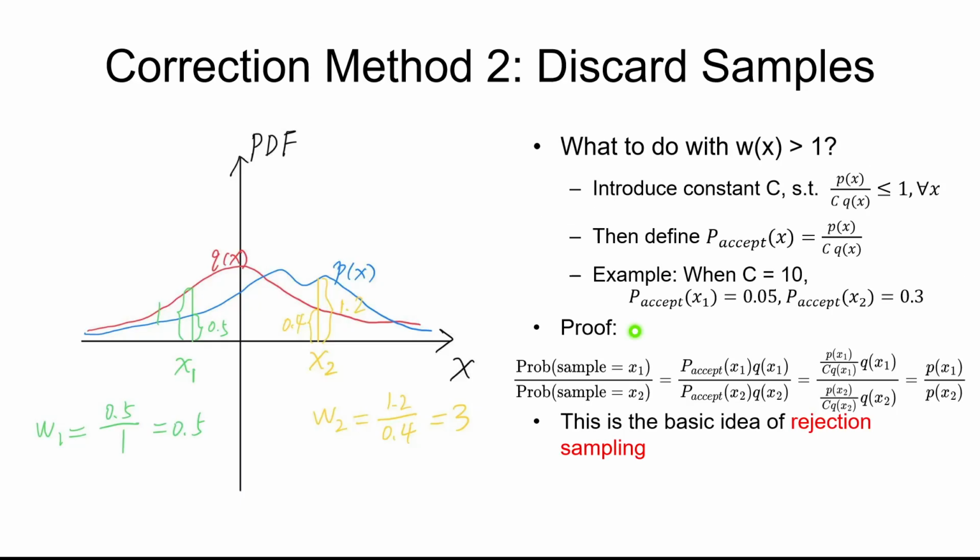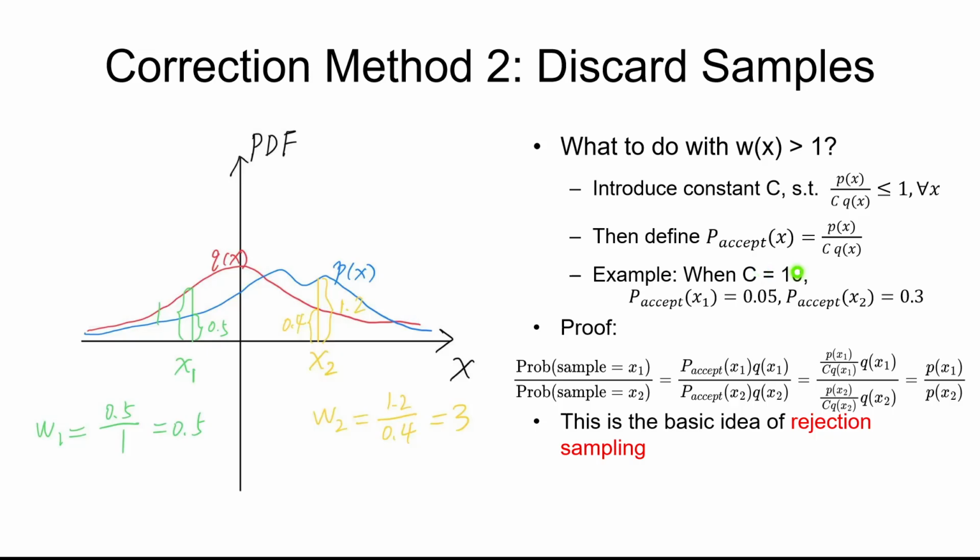Okay, so let's talk about the case when the weight w(x) is greater than 1. For example, in this case, w2 equals 3. So how do we discard samples if the weight is greater than 1?